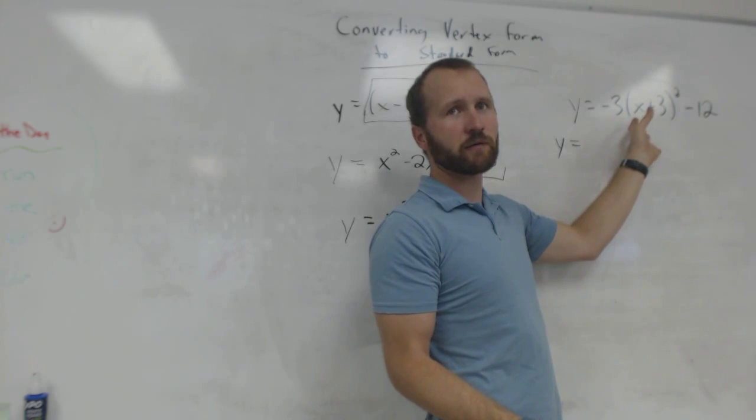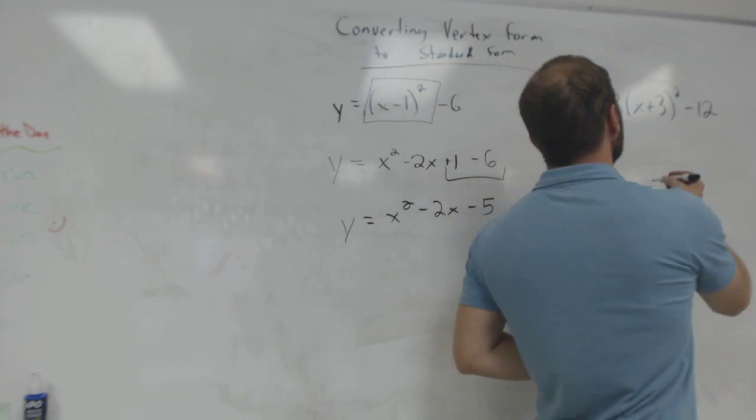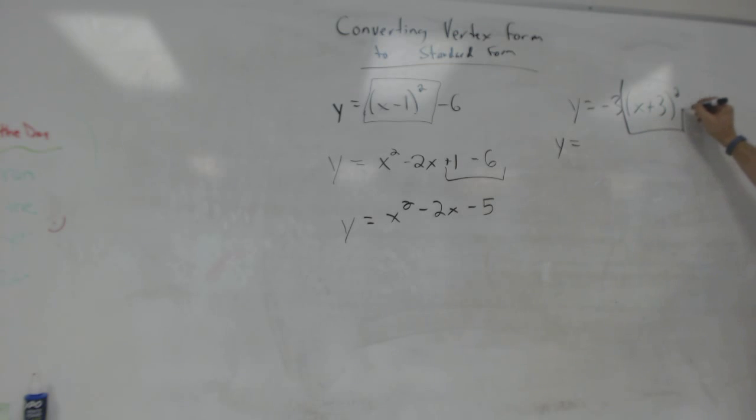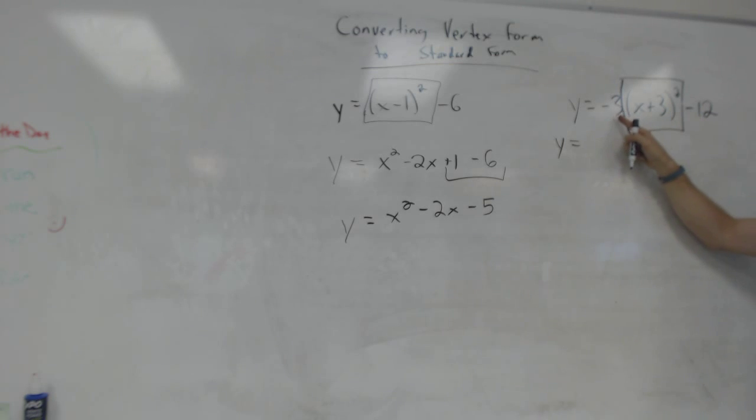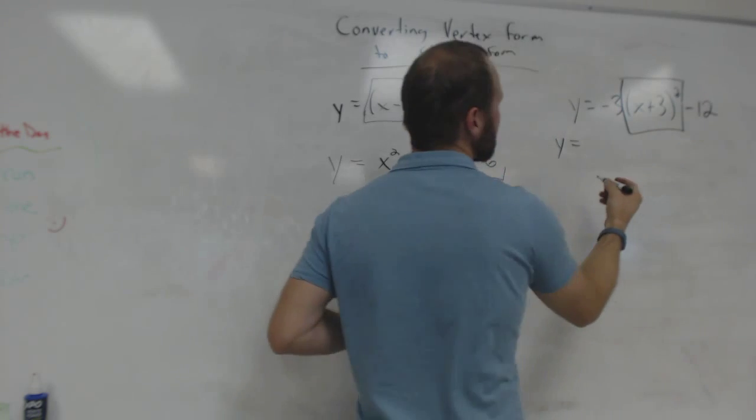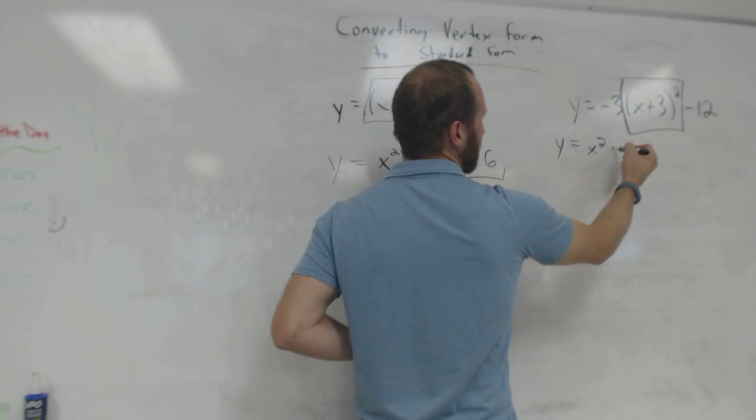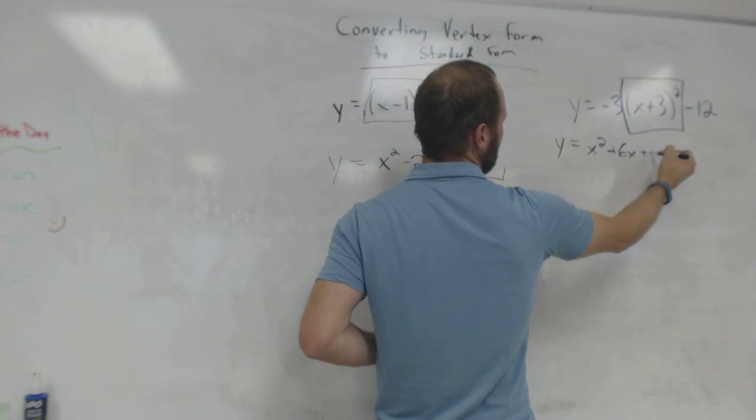It's just a lot more confusing. So do FOIL first. It's like going back to PEMDAS: exponents before multiplication. So in this problem we have (x plus 3) squared, which is x squared plus 6x plus 9.